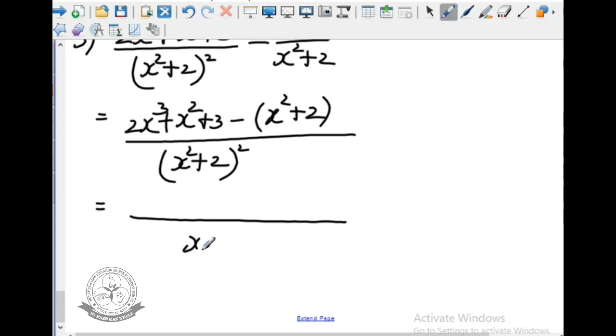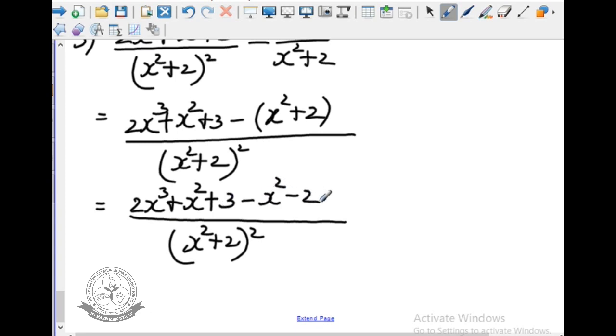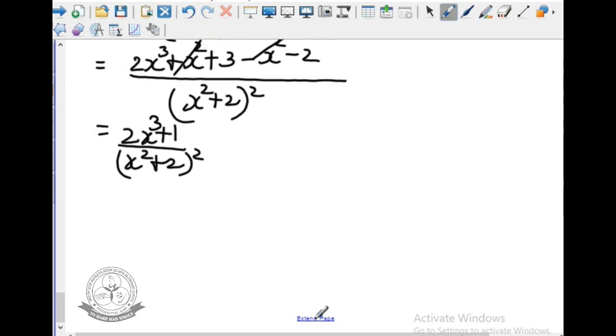So write it as x squared plus 2 whole square; this will become 2x cube plus x squared plus 3 minus x squared minus 2. So x squared gets cancelled, the remaining term will be 2x cube plus 1 whole divided by x squared plus 2 whole square. So this is the answer.